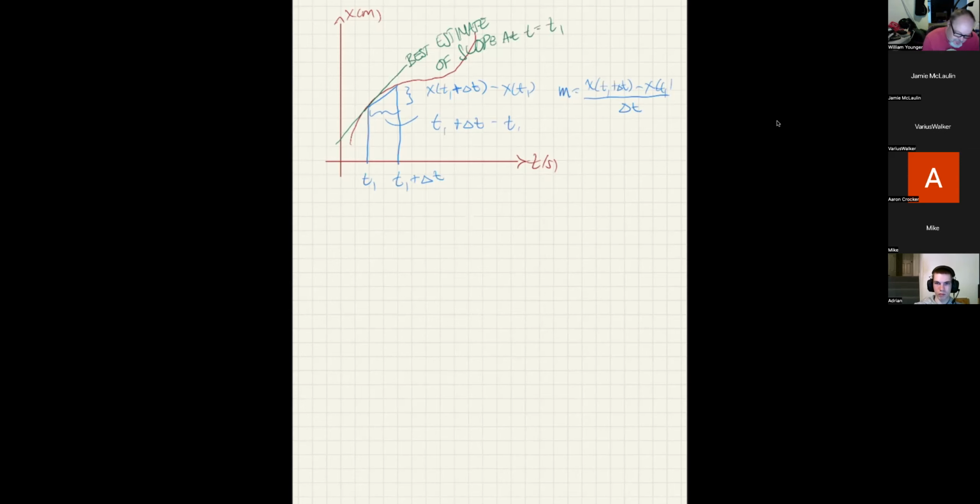Well, if I took the limit from calculus as delta t approached 0 of delta x over delta t, then I would get the actual velocity, and we call it v instantaneous. And of course, from calculus, we know that v instantaneous, which is what your speedometer reads every time you look at it for a quick second, is dx over dt.